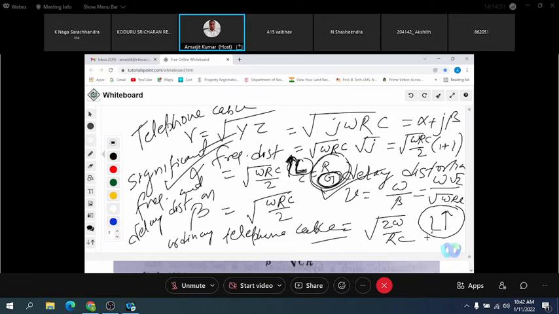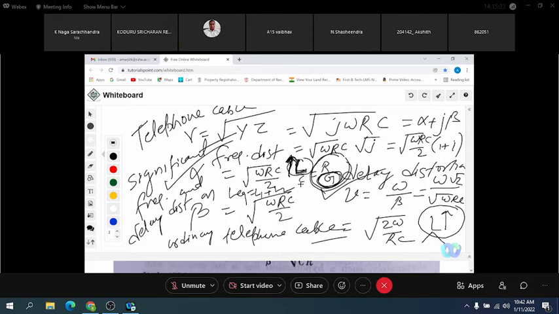The other is distributed loading. In lumped loading, you place lumped inductors periodically at some interval. That is known as loading of the transmission line. It is series loading with lumped inductors, because if two inductors are connected in series, L equivalent is L1 plus L2.